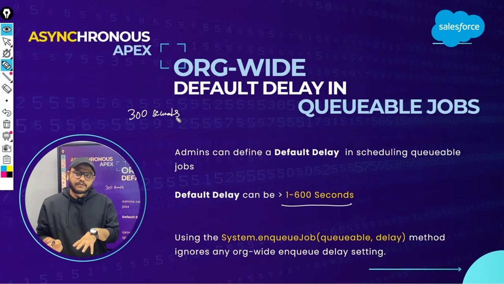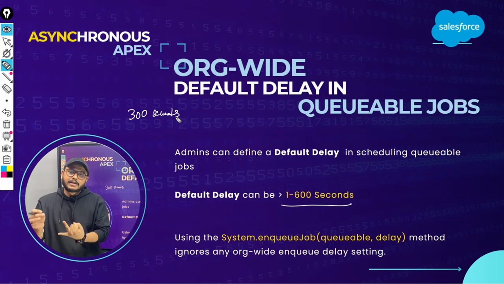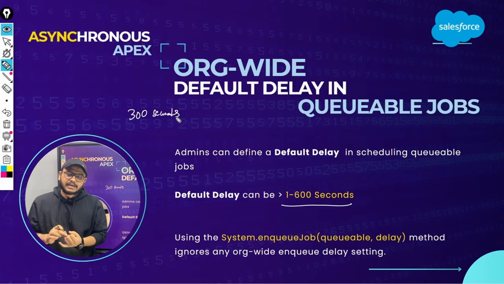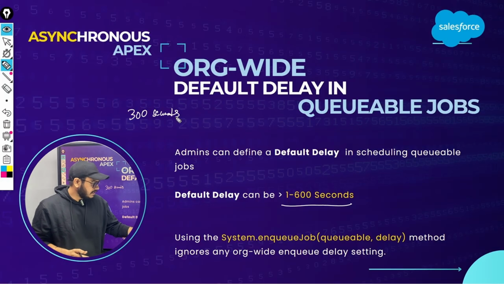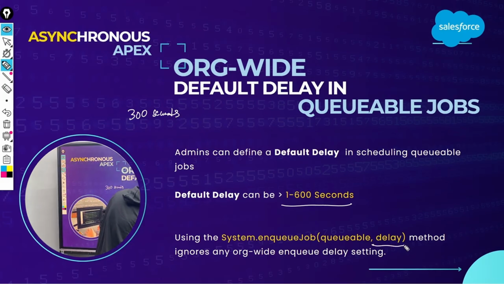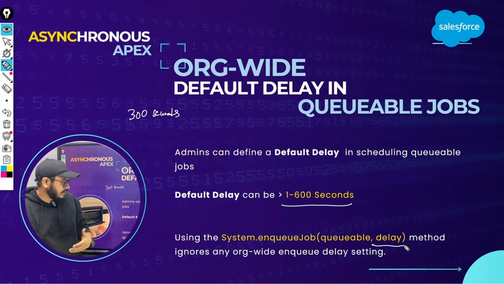However, if the org-wide default delay is defined in your system, and in your System.enqueueJob method you have also defined a delay, then the delay that you have defined in the method will be considered, and the org-wide default delay will be ignored in that particular case.